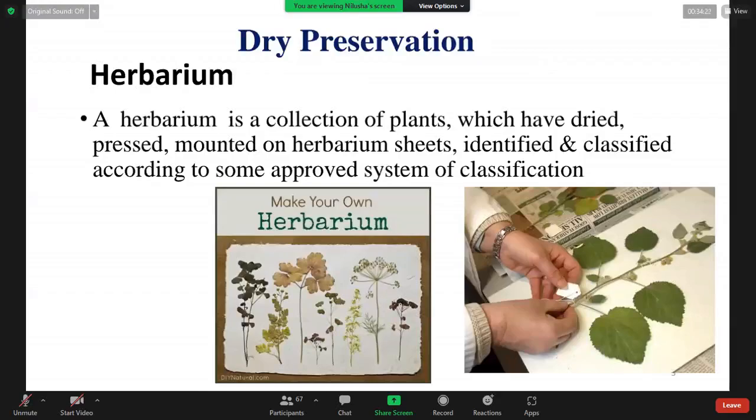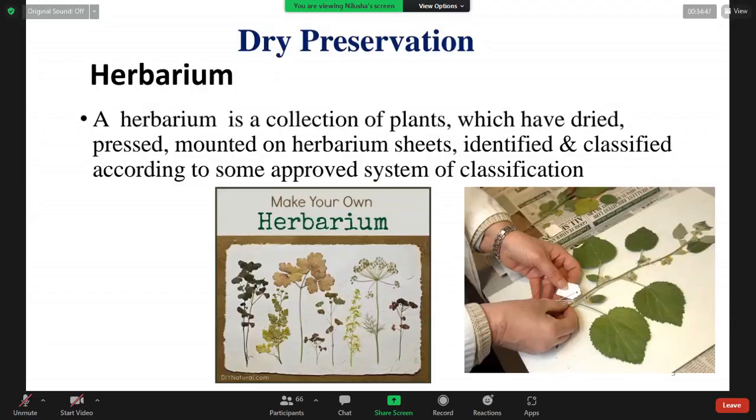For dry preservation, the best example is the herbarium. What is a herbarium? A herbarium is a collection of plants which have been dried, pressed, and mounted on herbarium sheets. After that, we identify and classify them according to some approved system of classification.